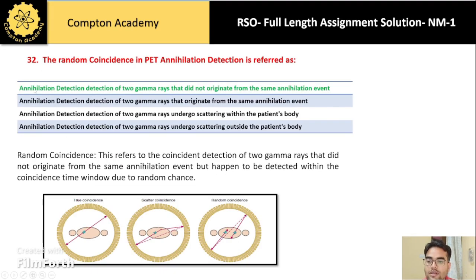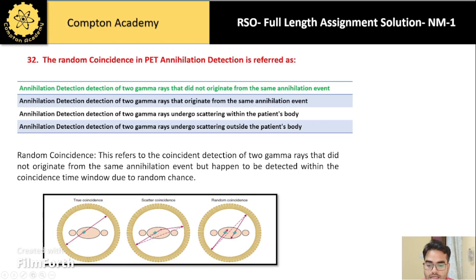Now the question number 32, the random coincidence in the PET annihilation detection is referred to as. Here the true coincidence, scatter coincidence and random coincidence have been shown. The random coincidence refers to the coincidence detection of gamma rays that did not originate from the same annihilation event. In the true coincidence, it is from the same annihilation event.